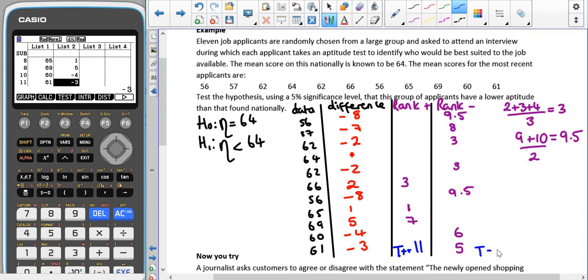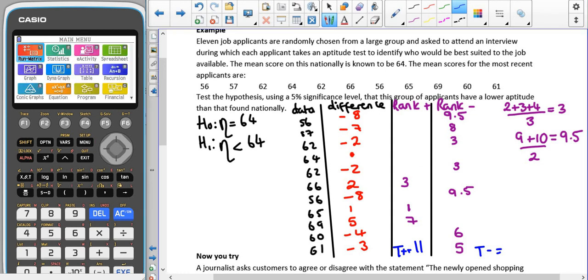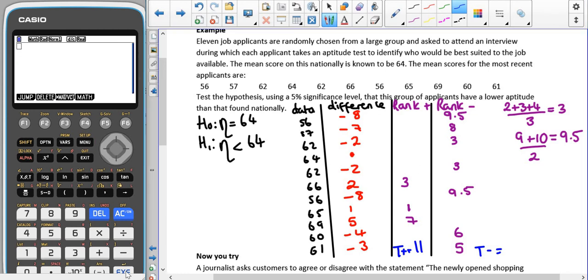And the total for the minuses, I'm going to have to put this in my calculator, sorry, is going to be 9.5 plus 8 plus 3 plus 3 plus 9.5 plus 6 plus 5 and that gives us 44.